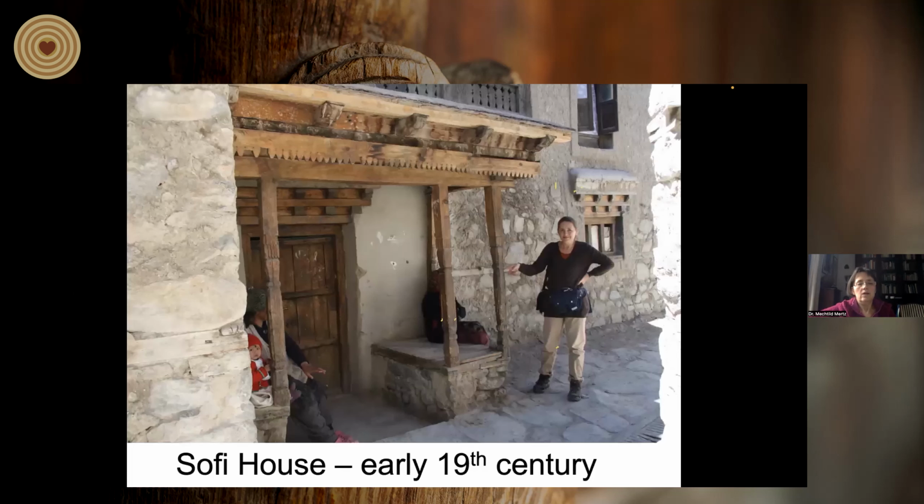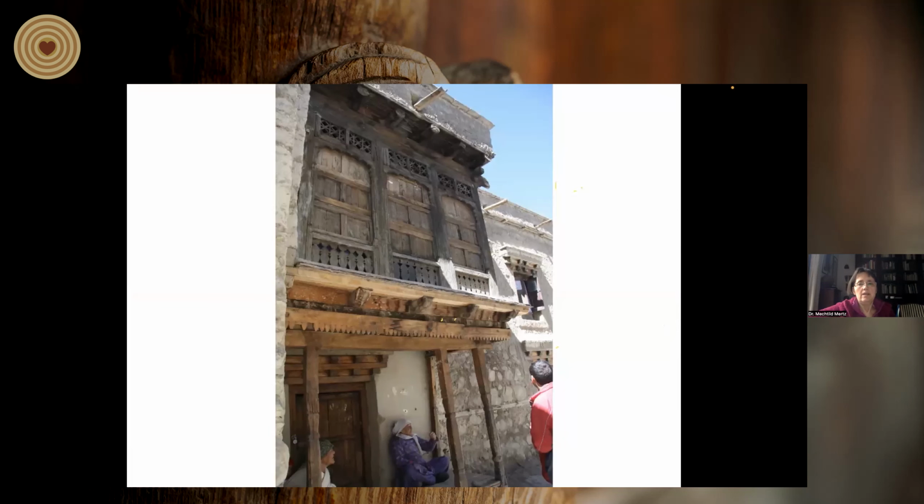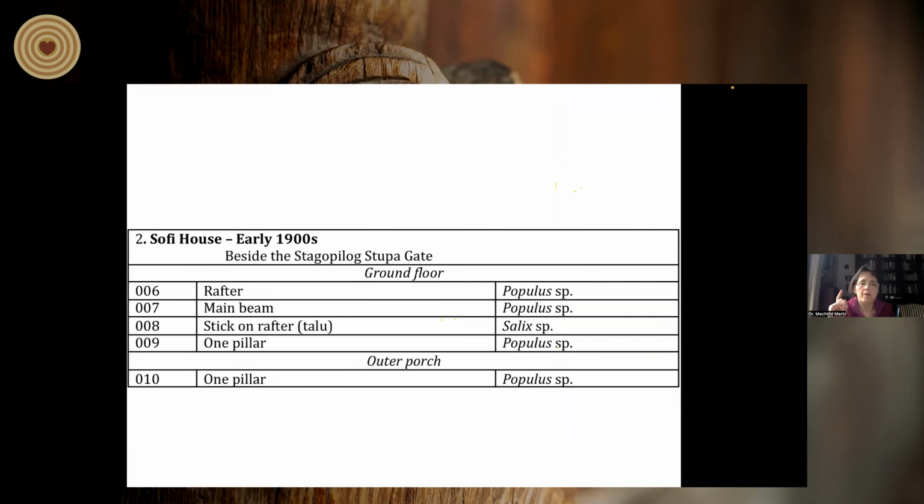And I go to the next house, Sophie House, which was made by Islamic people. So I was looking to see if they used another tree species, but as you will see, they use poplar, willow, and poplar.